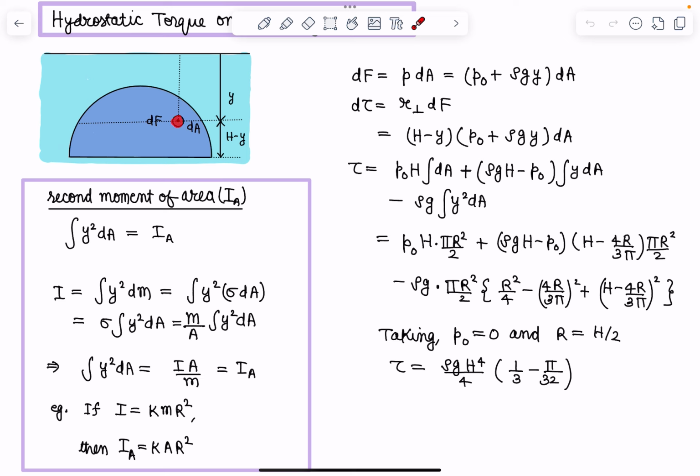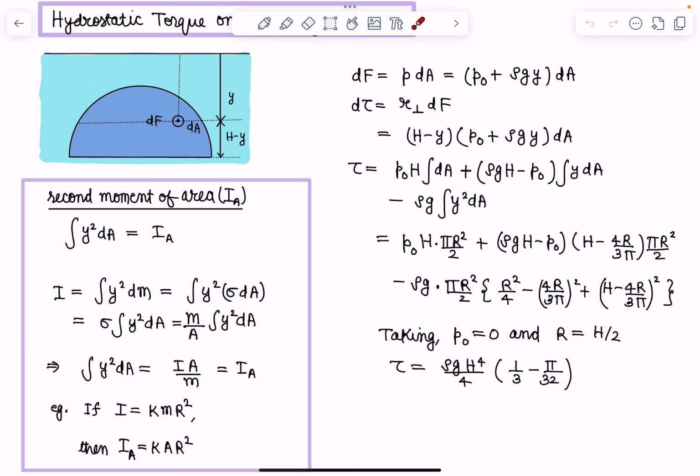Let's take an infinitesimal area dA, and on that dA the force acting due to the liquid will be coming out of the plane, and its magnitude will be dF, and dF will be given as P times dA, which we have already seen is equal to P naught plus rho g y times dA. The torque due to it will be the arm of that force times that force itself.